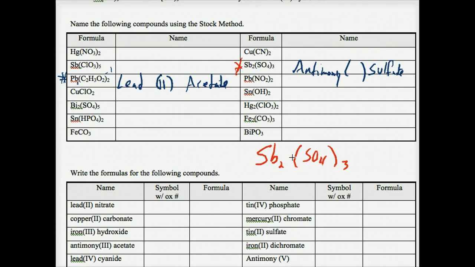The unwritten information is SO4's charge is -2. If I was going to do my math here, I know that I'm meeting at -6, which means this must be, in order to be neutral, +6.